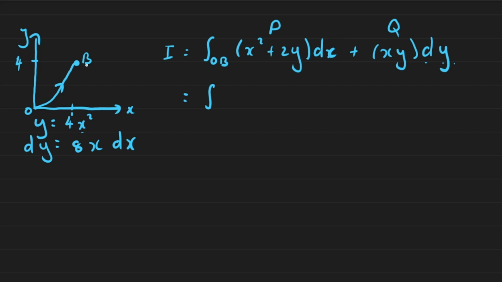So we're integrating from 0 to 1. So that's x squared plus 2y, so y is 4x squared, so 2 times 4 is 8. So we have 8x squared dx plus, well, we have x is just x, and then we are multiplying this by y, which is 4x squared, and we have dy, and dy is 8x dx.